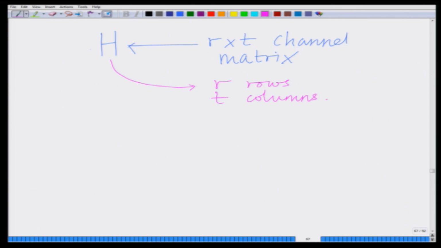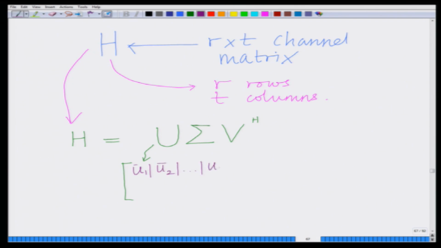This channel matrix H can be decomposed as H is equal to the product of three matrices U, sigma, V Hermitian, where U is the matrix which contains T columns, u1 bar, u2 bar, so on up to uT bar.